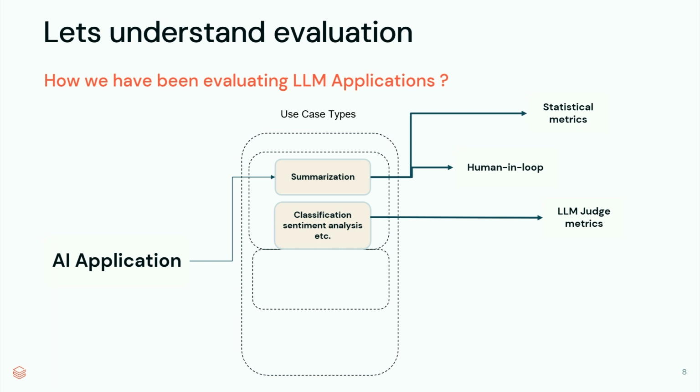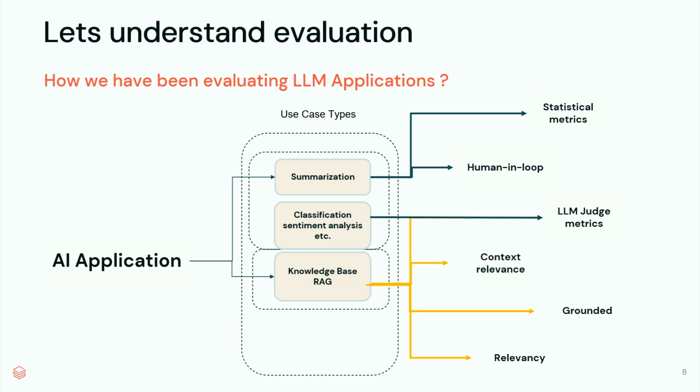You have certain guardrails and a certain evaluation practice in place, for example statistical metrics, human in the loop, LLM judges. All of those are fine. Sometimes you're using a RAG type of application, and then you're using different metrics like context relevance, groundedness, and so on.